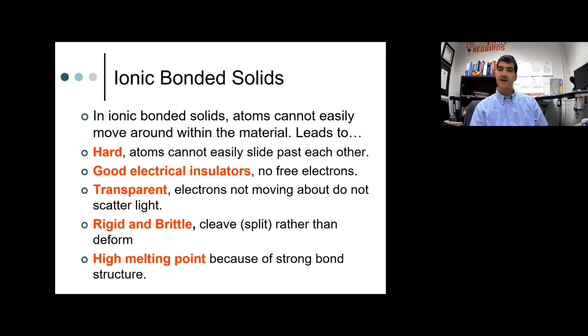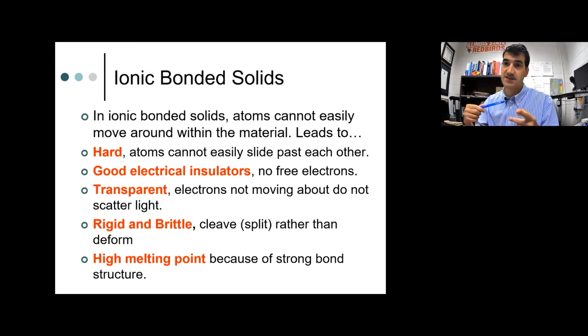All right, so because ionic bonded materials tend to have fairly strong bonds between them, that makes them pretty hard because the atoms in that lattice structure can't slide in that structure very easily, like we just showed with that microscopic hammer, right? They tend to be good insulators for both electricity and thermal.